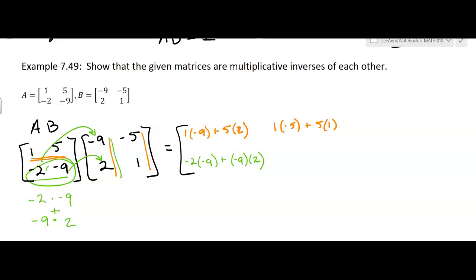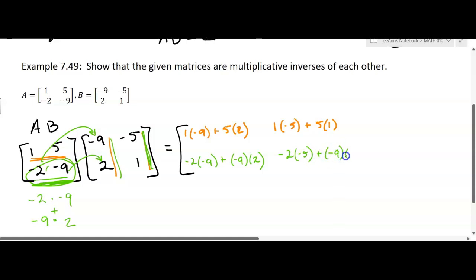I wouldn't write it that way, but okay. Now I've got to do second row, second column. So it's the -2 times -5 plus -9 times 1. So it's very visual with that multiplication. I think of the row like being flipped up and matching against the column in the other matrix. I don't know if that helps.